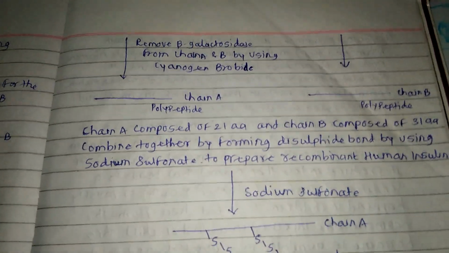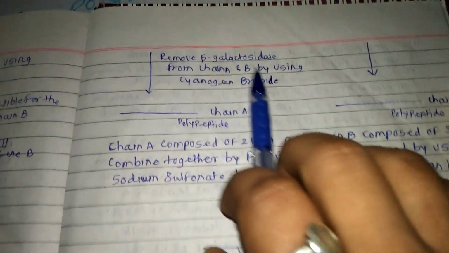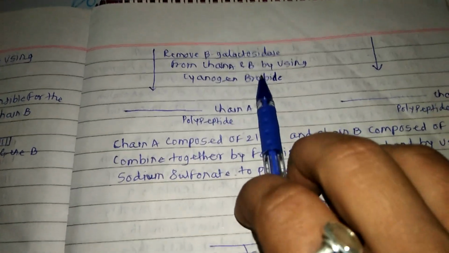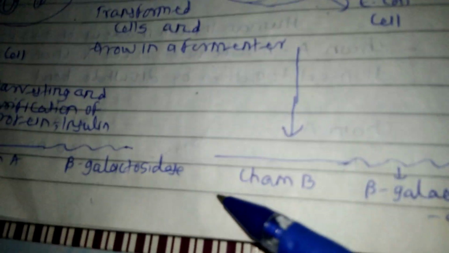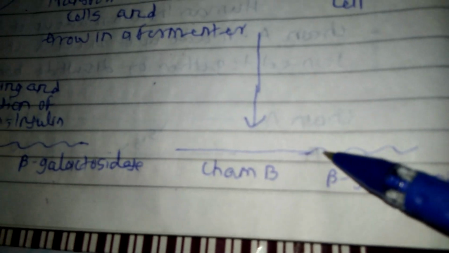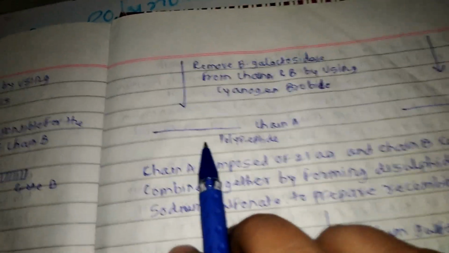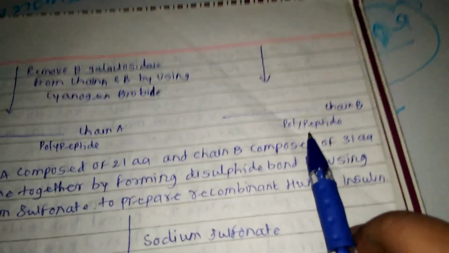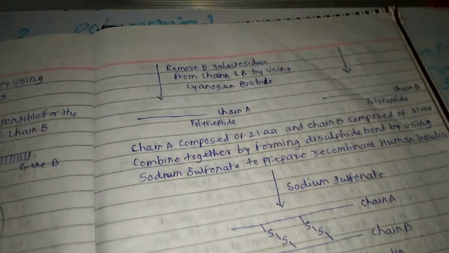That's why the beta galactosidase proteins are separated, or removed, from chain A and chain B using cyanogen bromide. This cyanogen bromide deletes the beta galactosidase from chain A and chain B, and finally we have polypeptide chain A and polypeptide chain B. Now two polypeptide chains are produced.